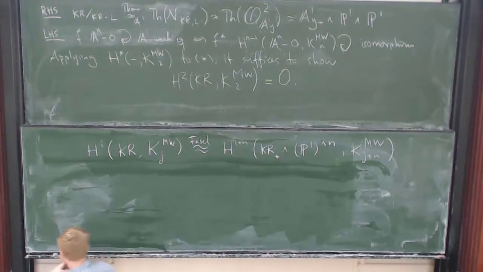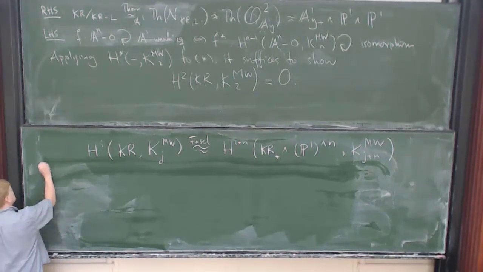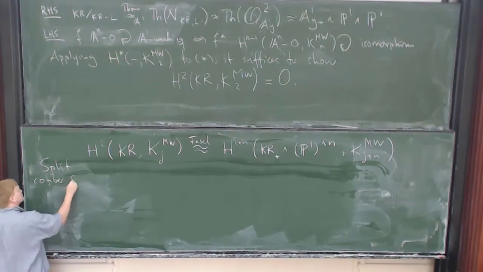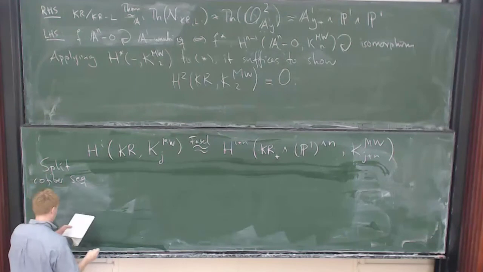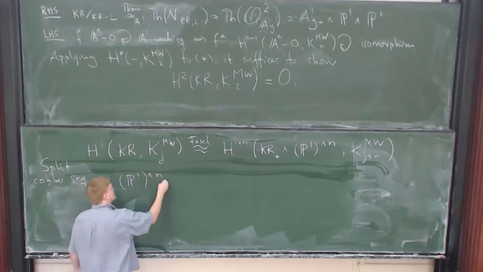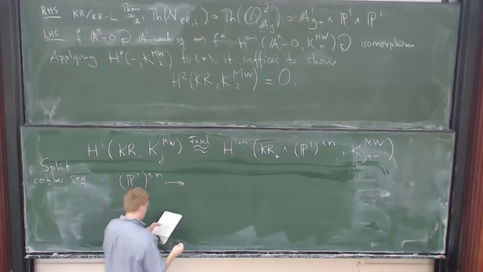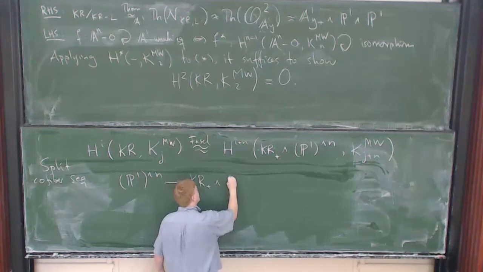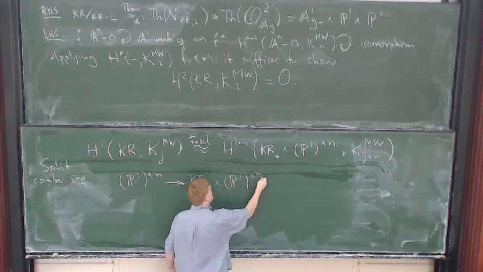So we want to combine this here with a split cofiber sequence of this form, namely P1 smashed with itself n times mapping to K_r plus smashed with P1 n times.